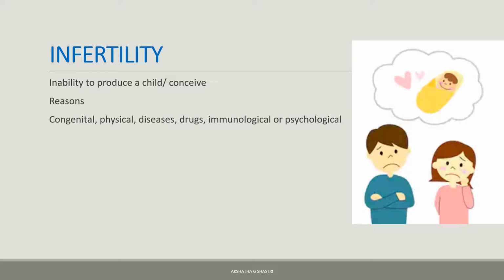The reasons for this could be many, like congenital reasons, physical reasons, diseases and drugs, immunological reasons, and psychological reasons. Because of all these reasons, people face the inability to produce a child.